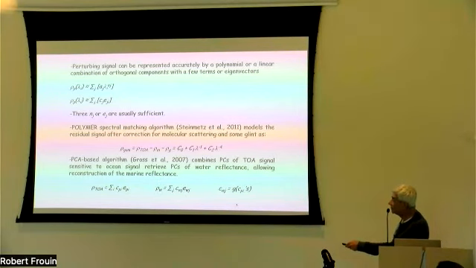So basically you have this decomposition in principal components at the top of the atmosphere. And you also decompose the signal at the bottom of the atmosphere into principal components as well. And again, here you need a few components to reproduce the signal properly.